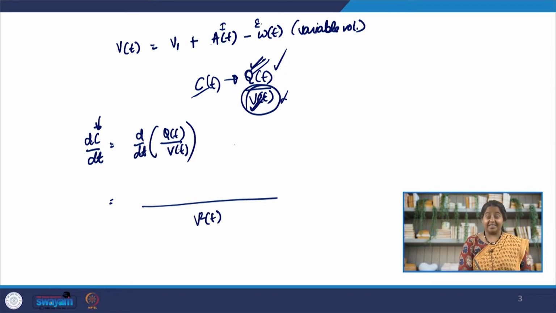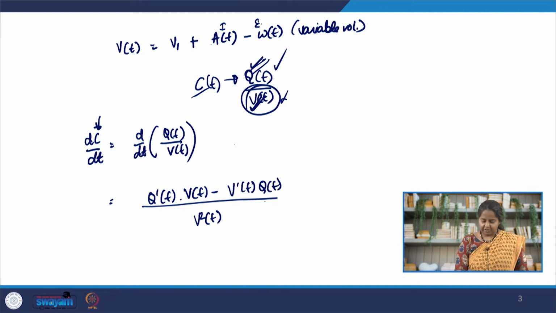This is basically differentiation of a fraction. So, the denominator becomes squared, and then the derivative of the numerator multiplied by the denominator, minus the derivative of the denominator multiplied by the numerator. Okay, so this is what we get. Now, notice here we need to know the rate at which V is changing with time, so we need dV by dt, and we need to know the rate at which the flow is changing with time.